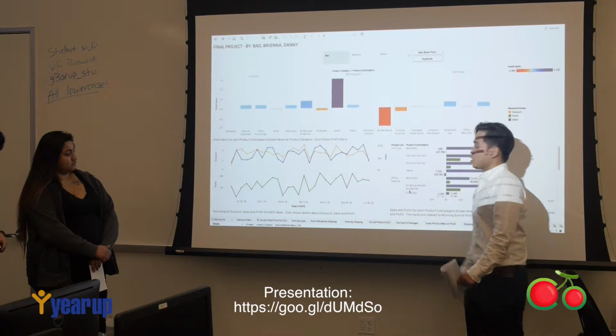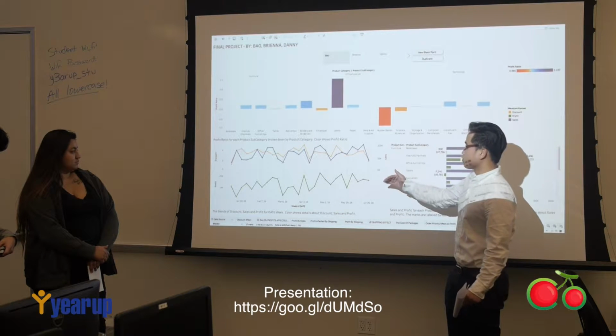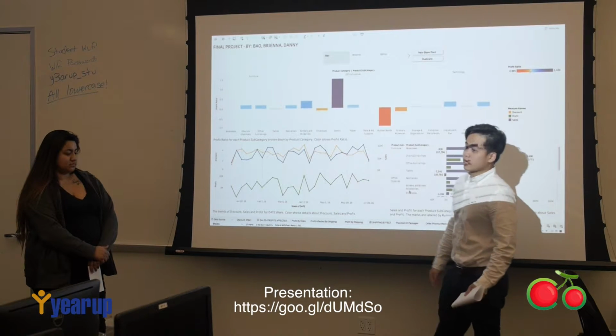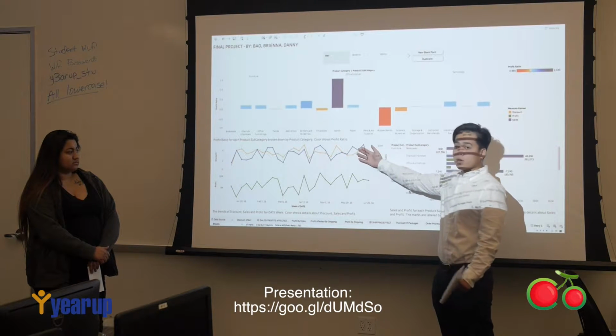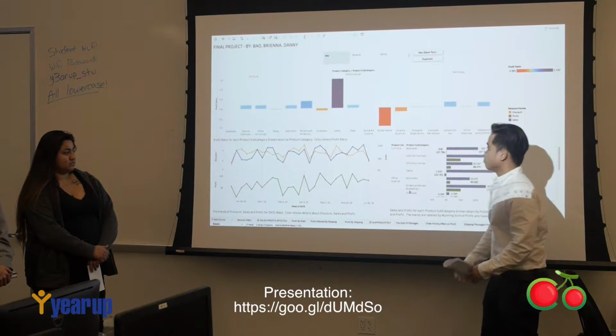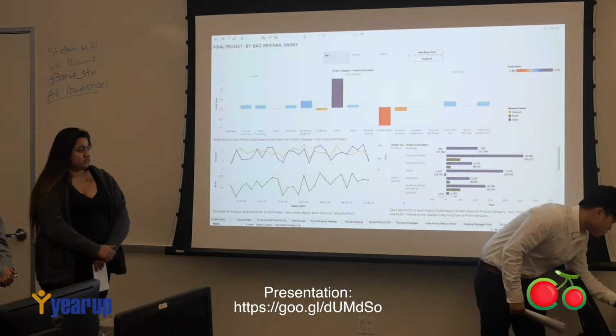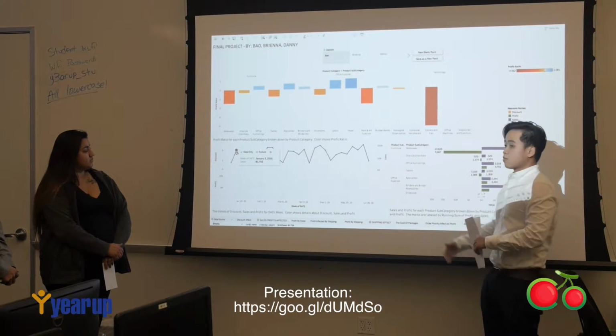Also, here I have the sales based on the discounts that we give the customers with the yellow line, the amount of sales as the blue line, and the amount of profit with the green line. We can see at this point that we get a large amount of sales.